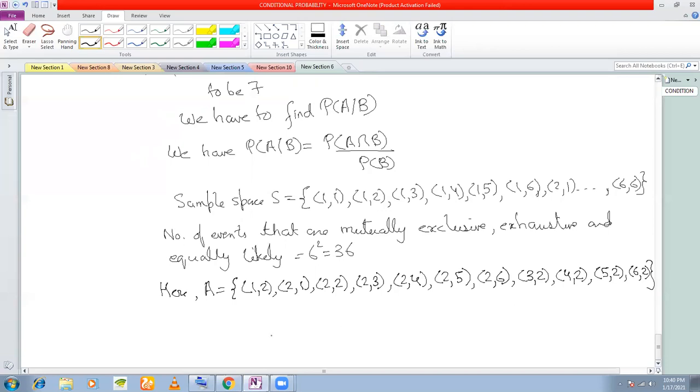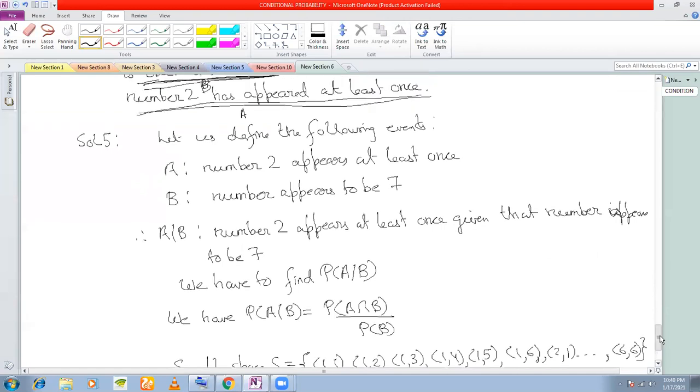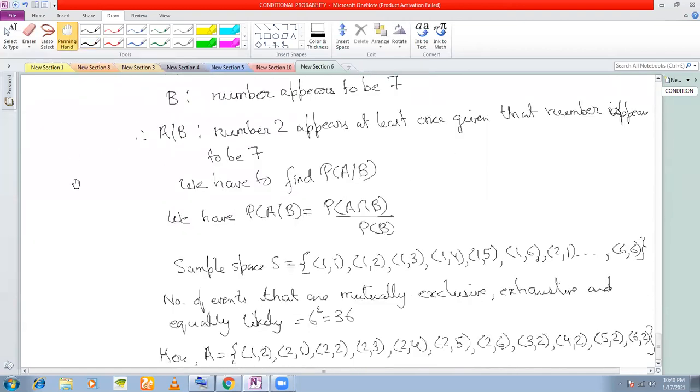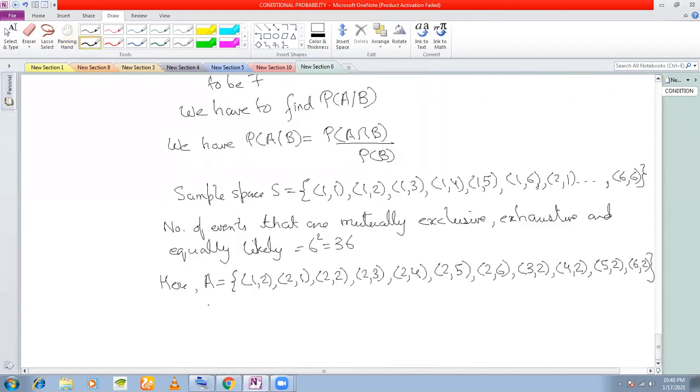And what about event B? What is the event B? The number appears to be 7. 7 means 5 comma 2 and 2 comma 5. Is that the only way, or any other way?